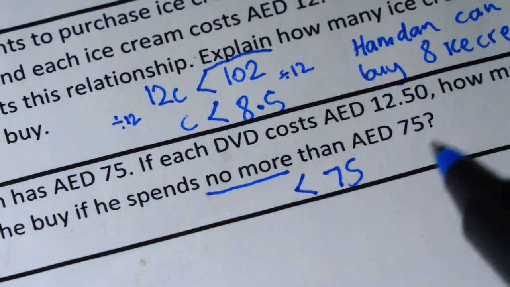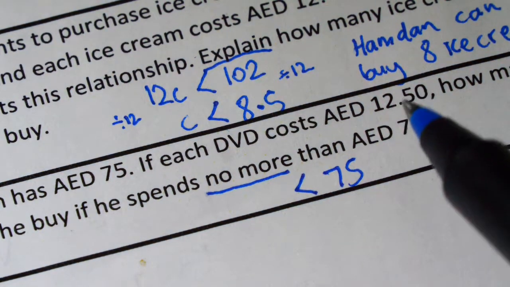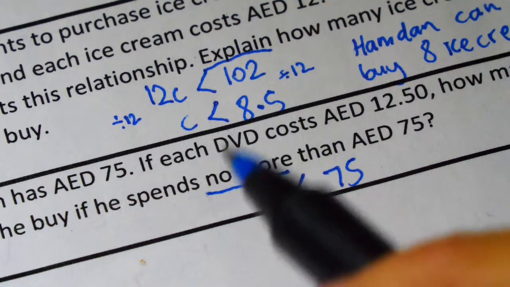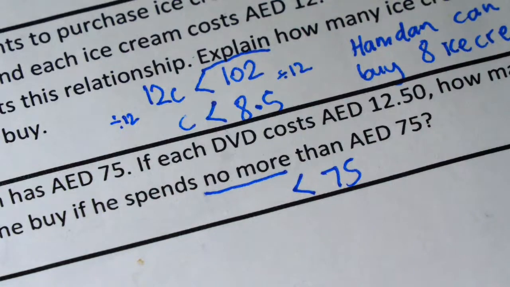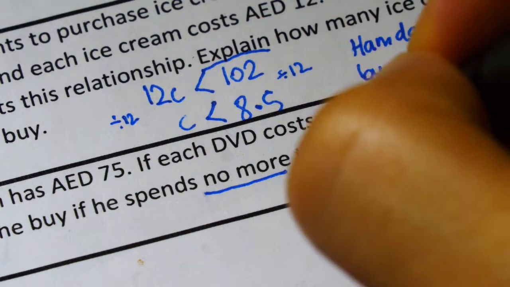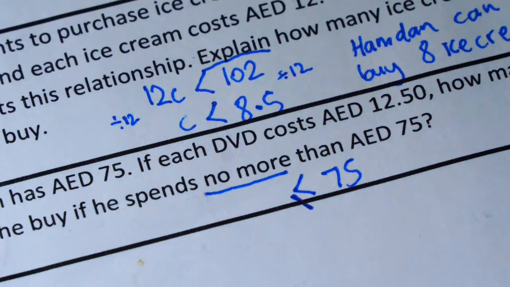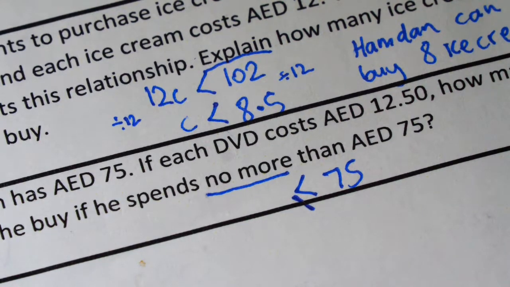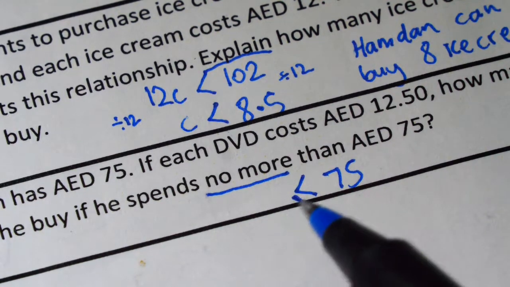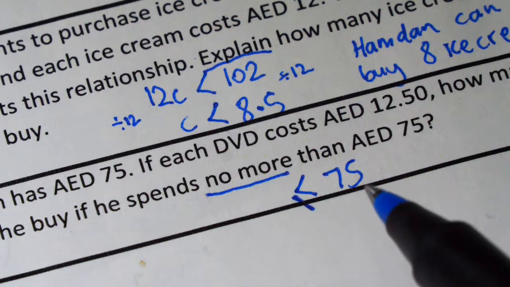But can he spend 75? Yes, because 75 is not more than 75. He can spend up to 75 dirhams. So less than or equal to 75. Because he can spend 73, 74 and 75 dirhams.